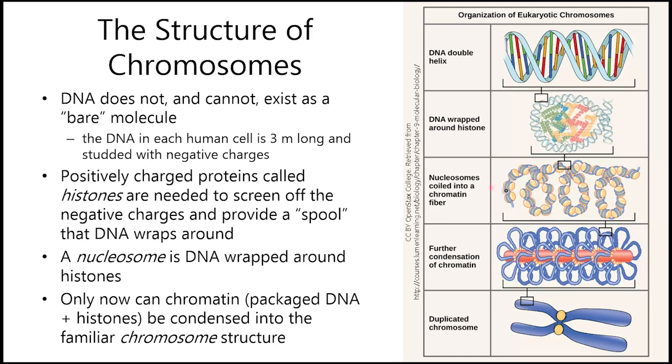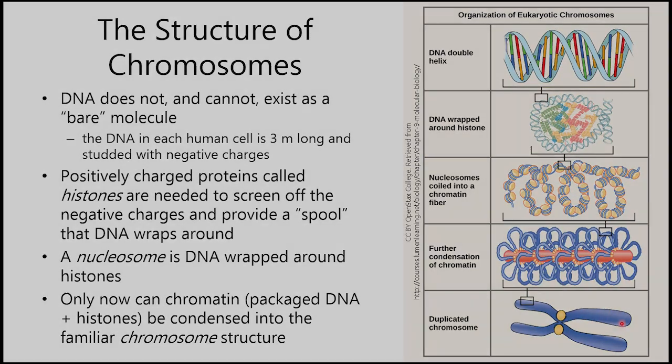That wrapping is called a nucleosome. So when we wrap DNA around a histone protein several different times, that's called a nucleosome. And then the nucleosomes are condensed into chromatin, and the chromatin is what makes up the chromosome, this familiar looking structure that we've probably seen in other biology classes.